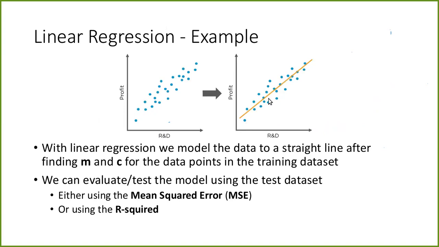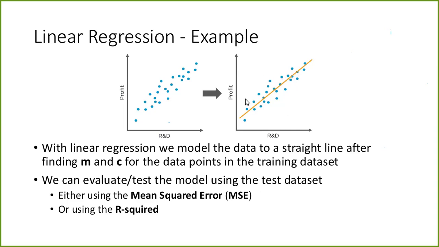This yellow line is the regression line developed by the model. Finding this model is actually finding the values for M and C in the Y equals MX plus C. Finding this yellow line means you have found the values for M and C for the training data set.